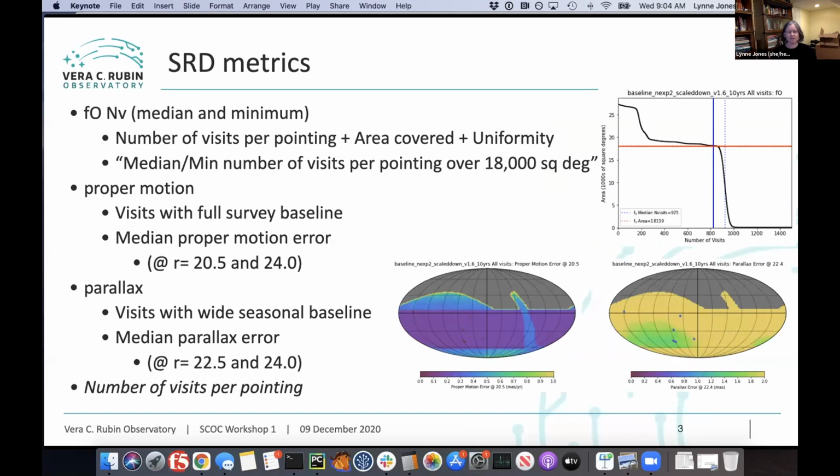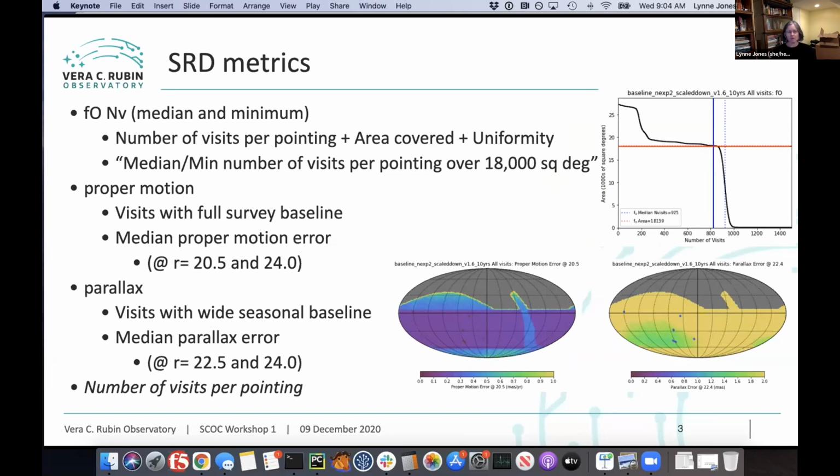So the science metrics include what we call FOMV. This is a measure of how many visits per pointing, but it also has folded in the area covered and the uniformity of coverage over that area.